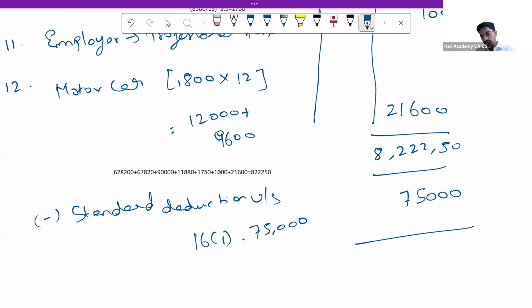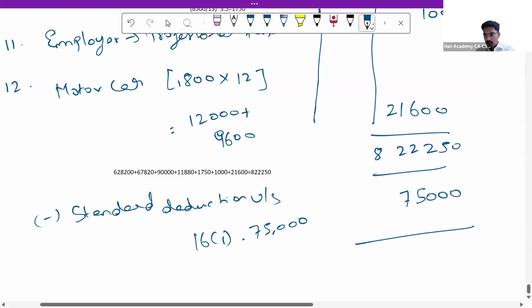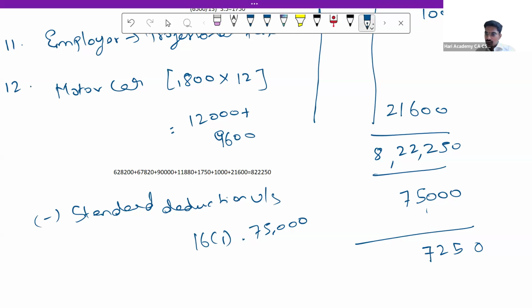So 8 lakhs 22,250 minus 75,000 gives 7,47,250. 7,47,250 is the total taxable value.